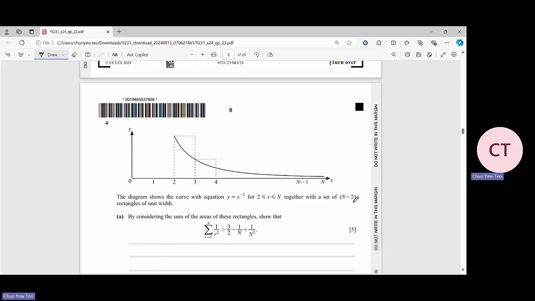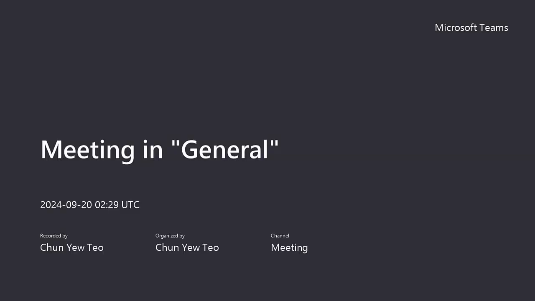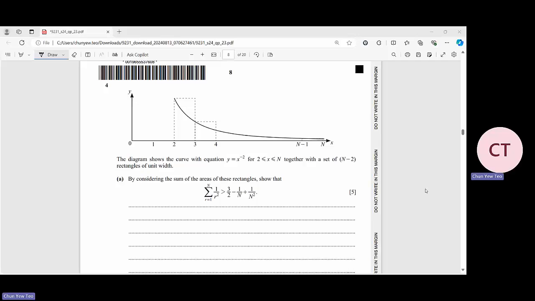And moving on. So now we are going for the question number 4. Okay, now we take a look at question number 4. We have a diagram here showing a curve with the equation y equal to x to the power -2, where x is from 0 to n, together with a set of n minus 2 rectangles with unit width.